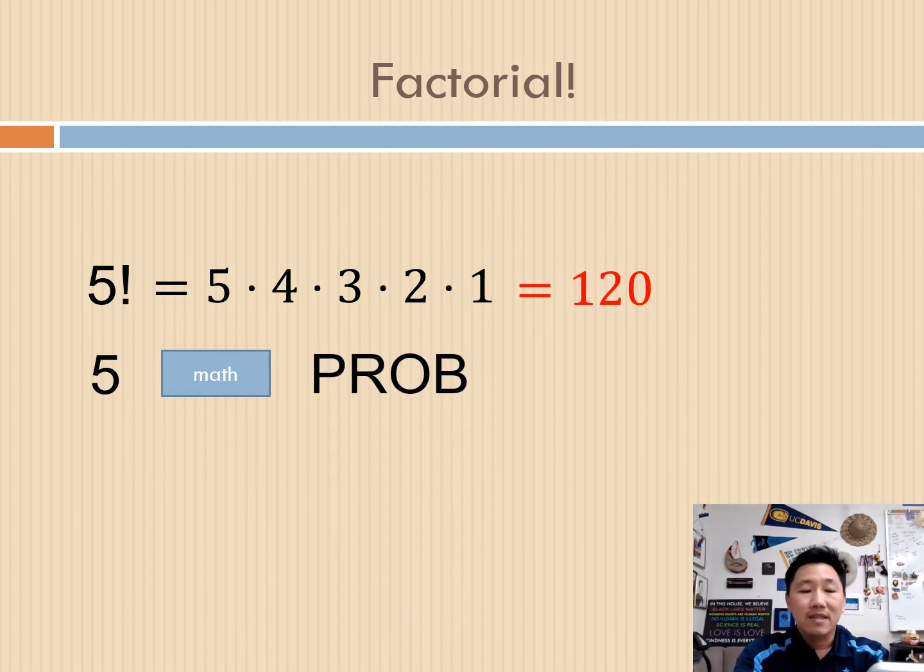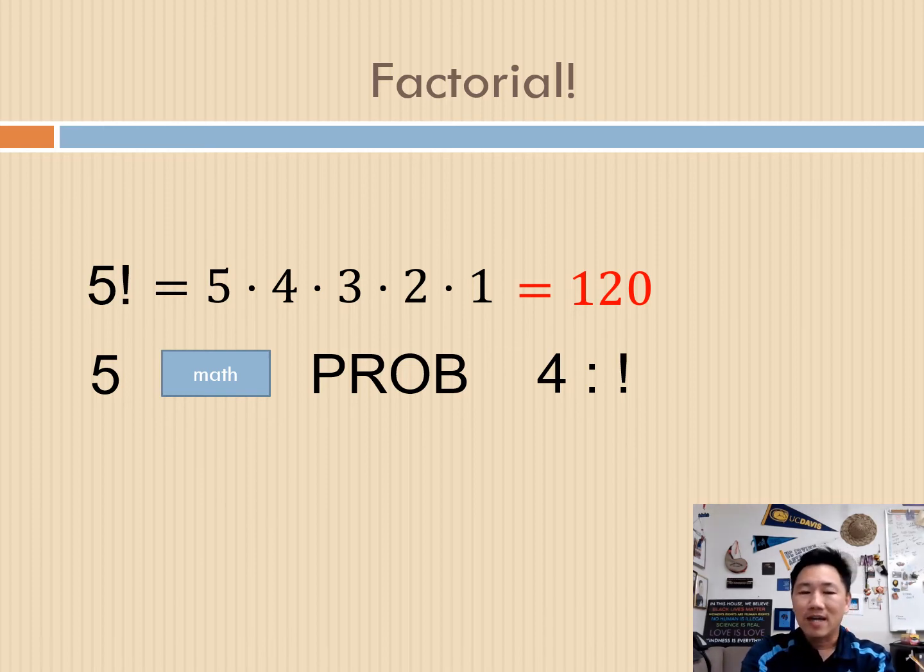Once you punch math, at the very top, you will see some choices. You want to go to PROB, probability. If you scroll to the right to get to probability, the fourth option down has an exclamation mark. You can either scroll down to number 4 or you can actually punch in 4.